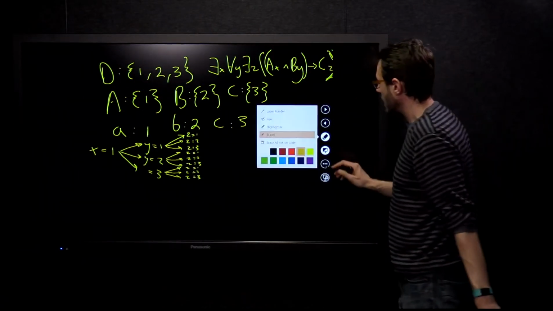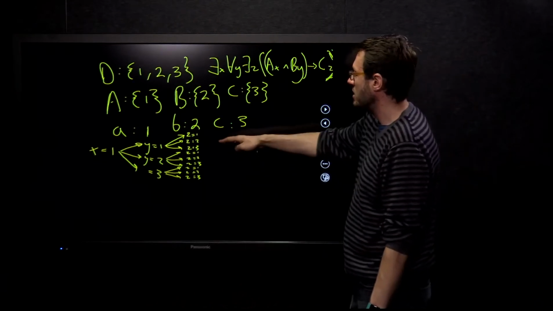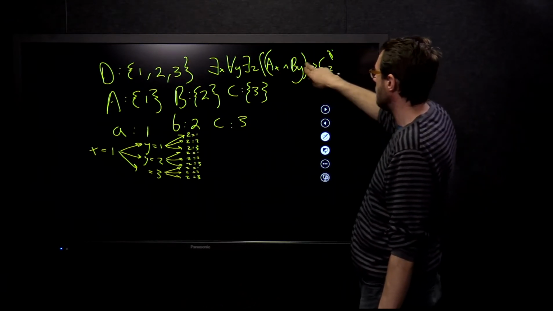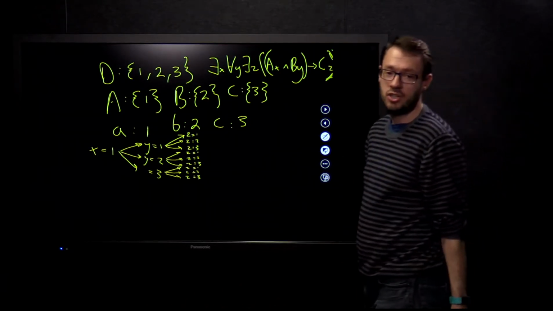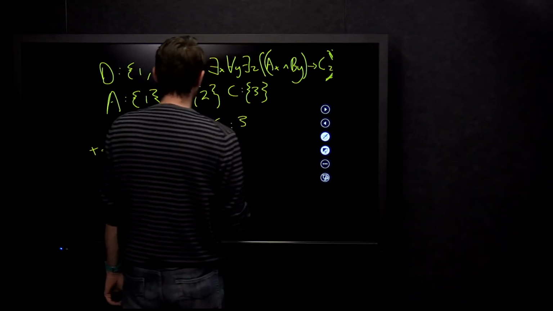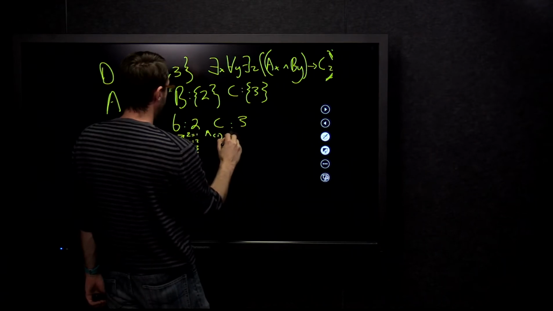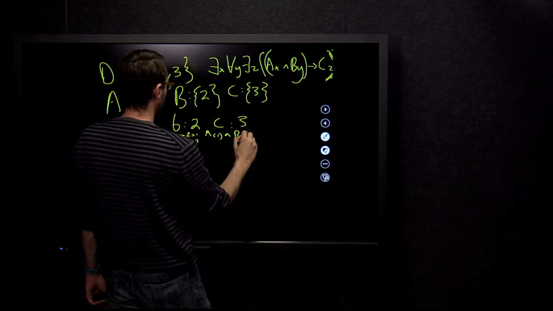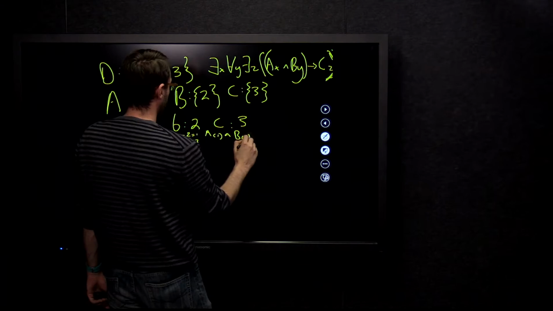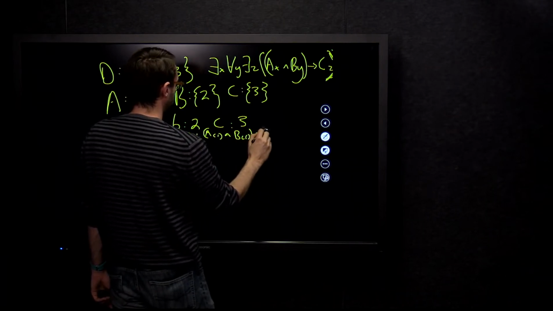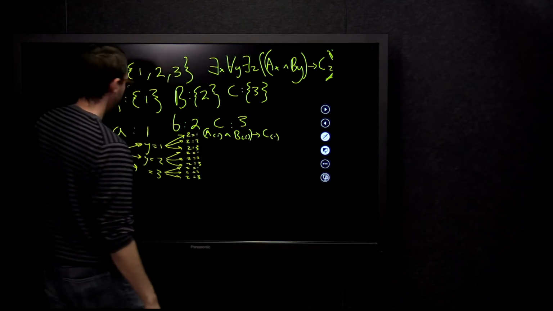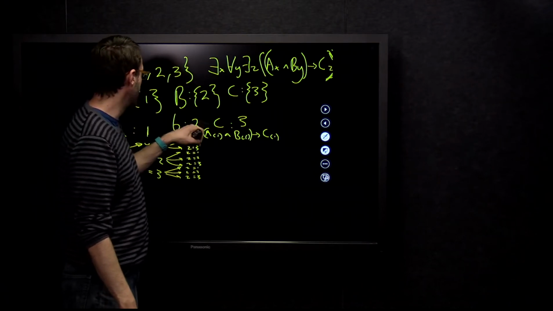Okay, so I'm just going to check for x equals 1. And now for each of these, I'm going to write out this sentence, the A, the B, and the C part, under the assumption that I've got those values for x, y, and z. So I'm going to have A1 and B1 arrow C1. That's because x equals 1, y equals 1, and z equals 1.